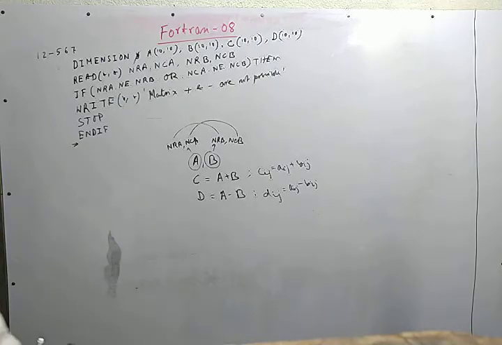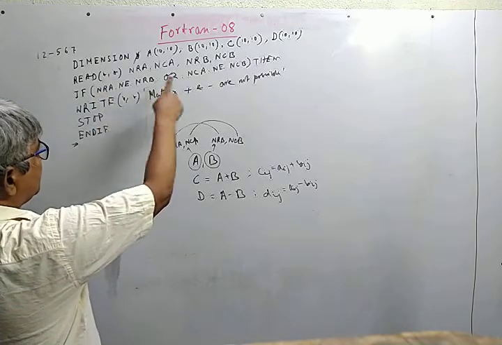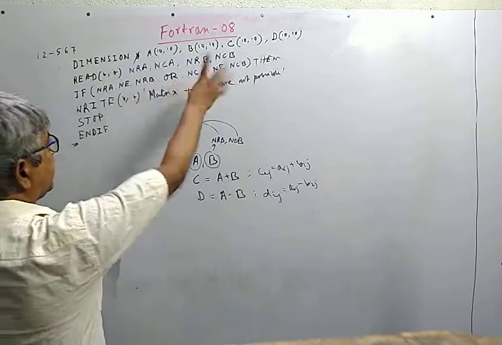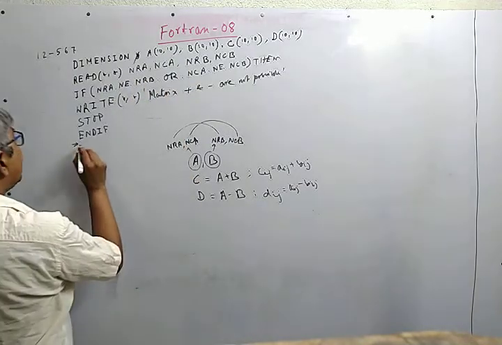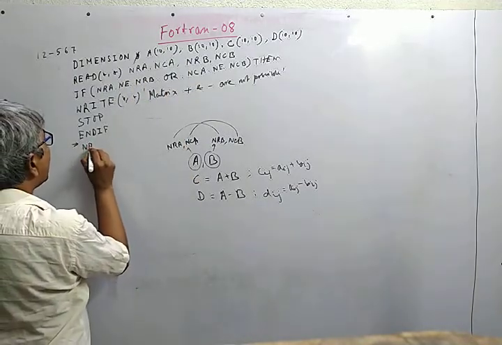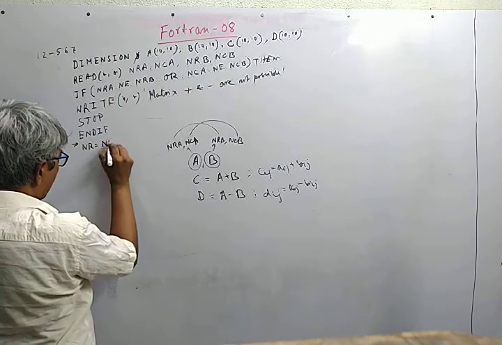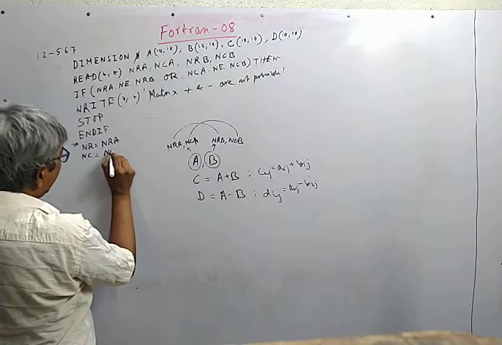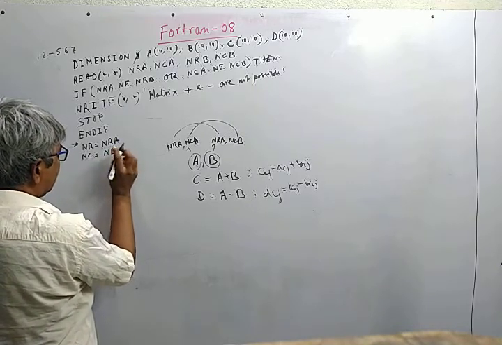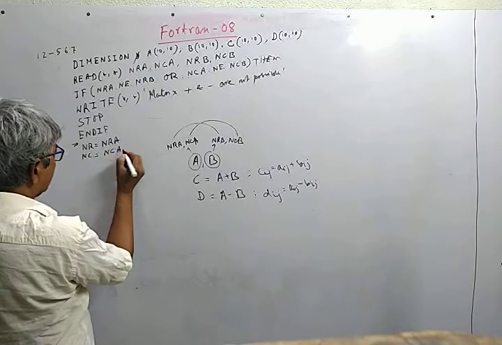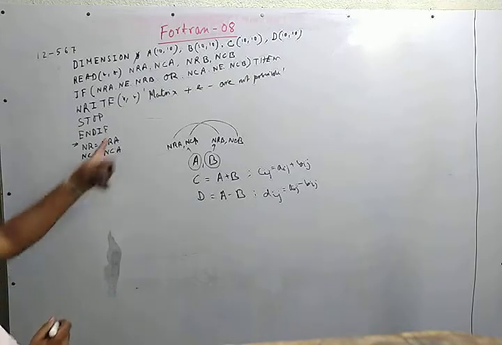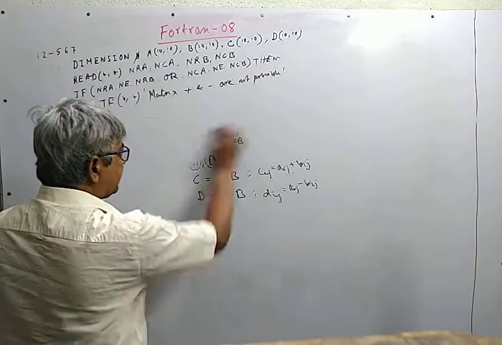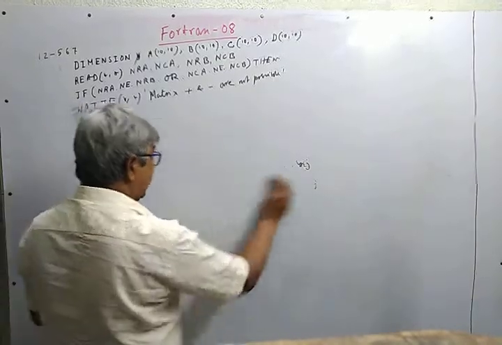In that case, you see that we need not deal with separate things. Rather, we define number of rows NR is equal to NRA and number of columns NC is equal to NCA, which is also equal to NCB. So we read first matrix A and then matrix B.